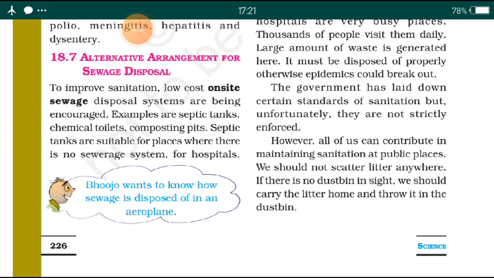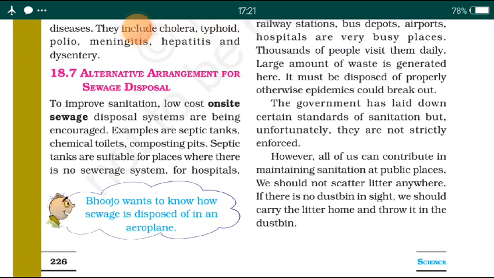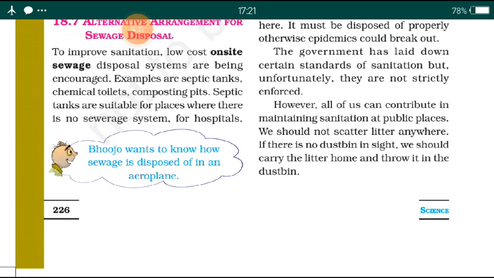The government has laid down certain standards of sanitation, but unfortunately they are not strictly enforced. However, all of us can contribute in maintaining sanitation at public places.